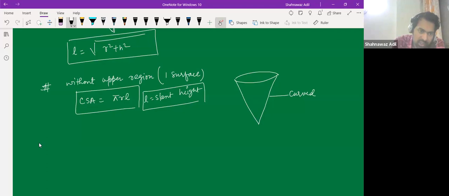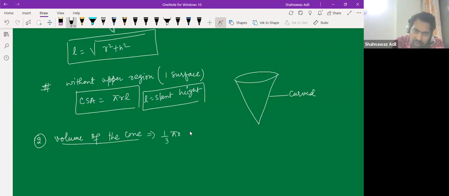Then what would be the volume of the cone? This is given by 1 by 3 pi r square h.